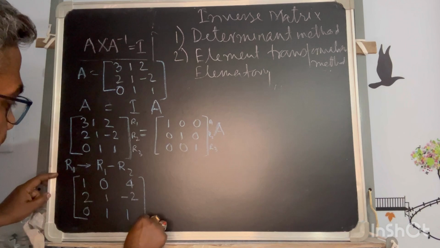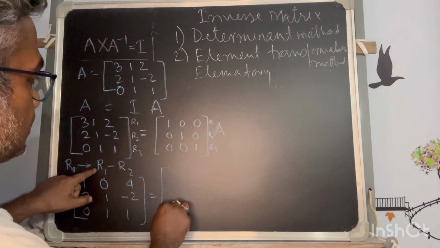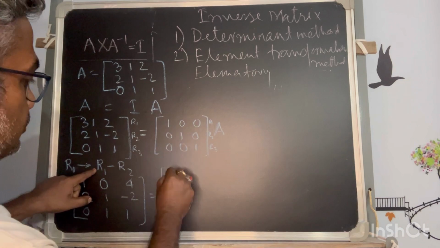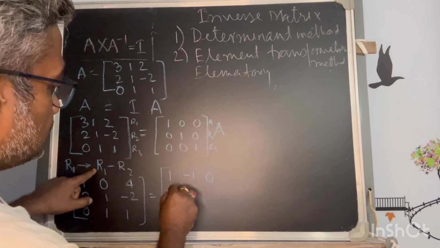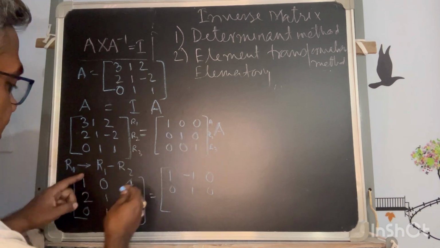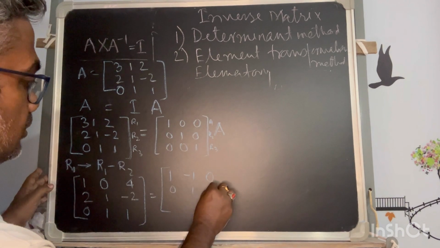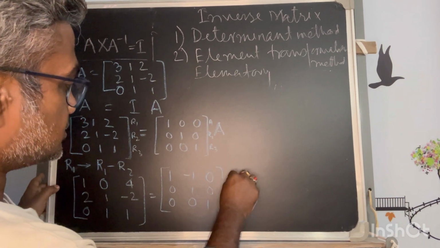I have finished the left hand side. The same operation I have to do here: row 1 minus row 2 will be 1, this minus this is minus 1, and this minus this is 0. Whatever happens on this side is not a headache for me. The headache is this side: you have to turn it into the identity matrix. This is my target. So this is A.